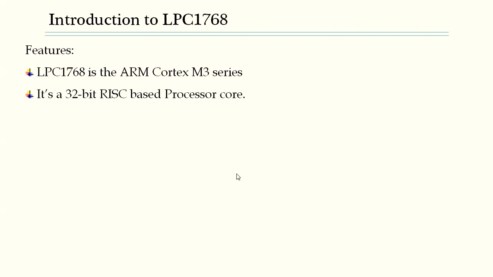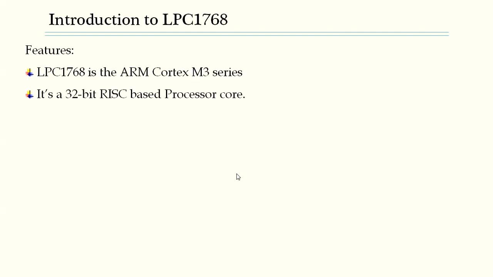The features of RISC have been embedded into LPC1768. That is, each and every instruction is encoded uniformly, which is 32-bit again. The clock cycles required for the instructions are uniform. The number of addressing modes used is small.